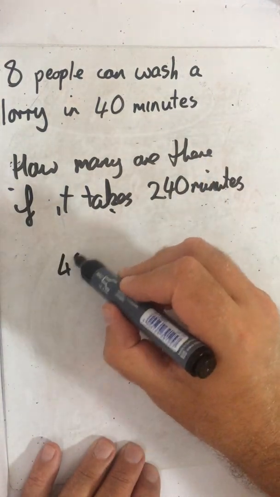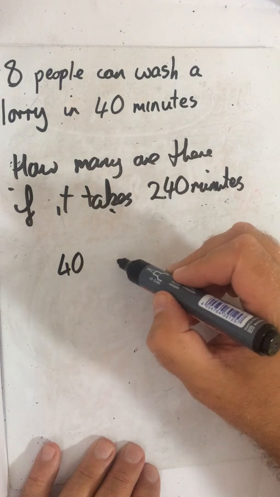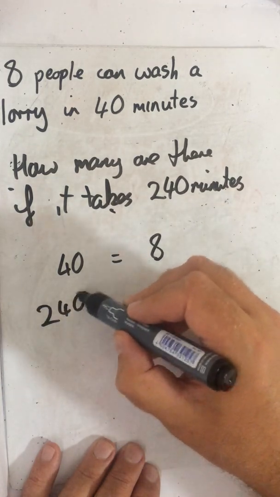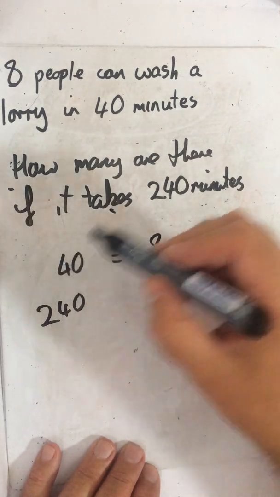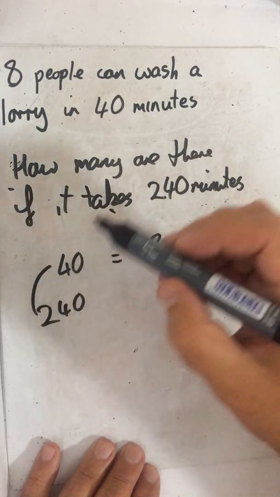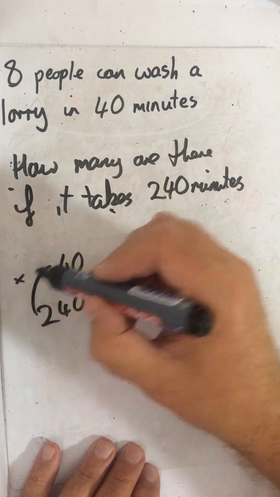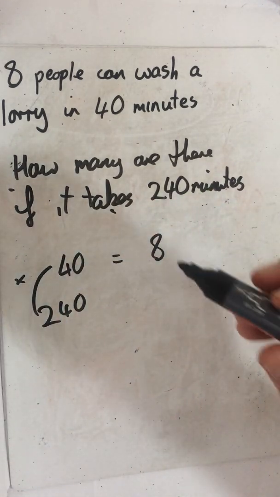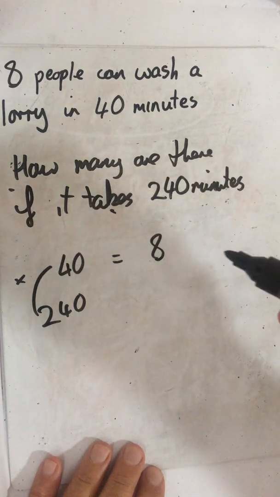So we're going to do the 40 first. 40 minutes, the proportion is 8 people. So 240, I'm going from there to there. So I'm timesing that by 4, 8, 12, 16, 18, 24.